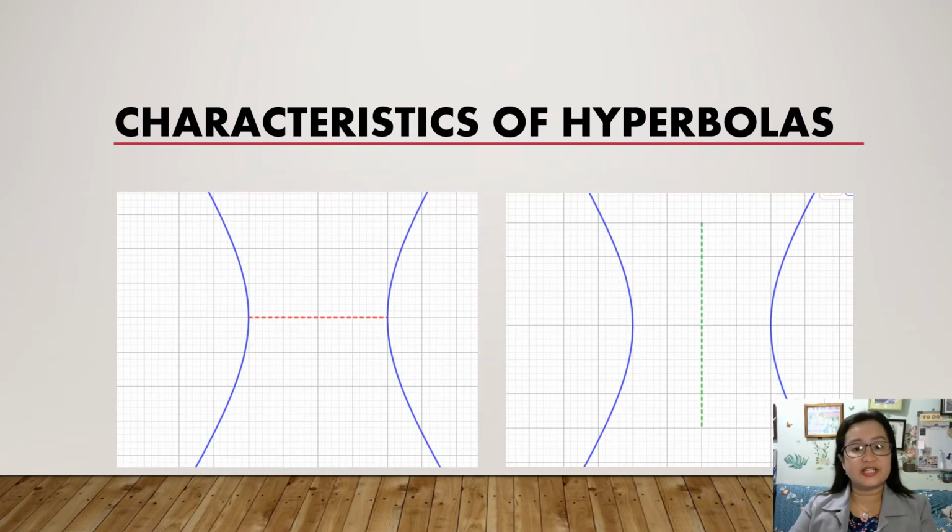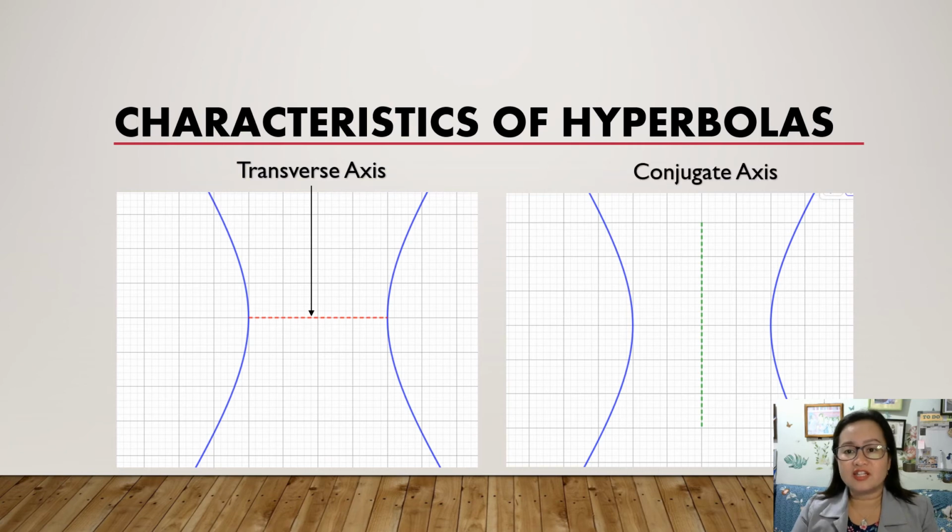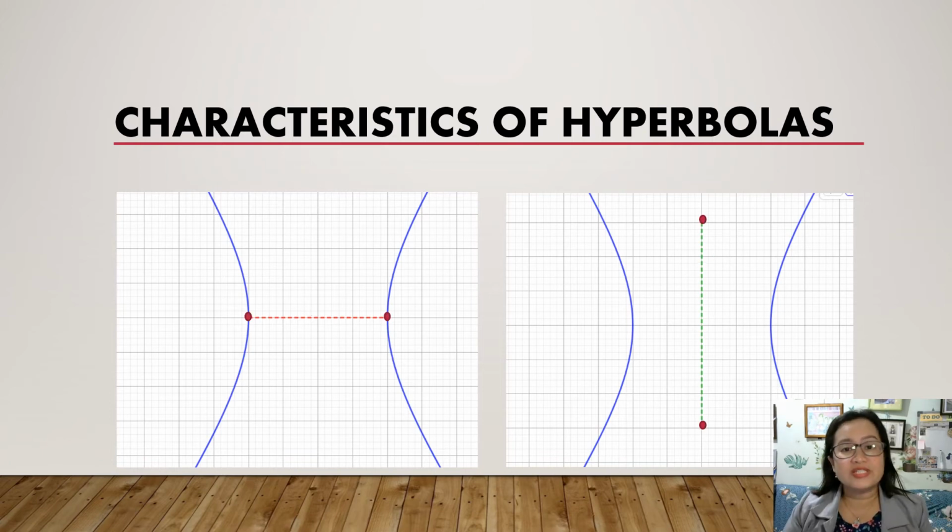The line segment connecting the vertices is called the transverse axis, while the line that bisects the transverse axis and is perpendicular to the latter is called the conjugate axis or the minor axis. We said a while ago that a transverse axis connects the vertices.